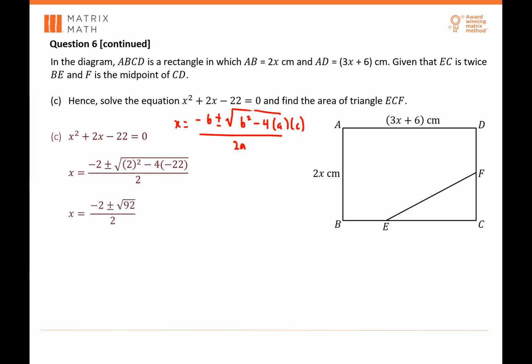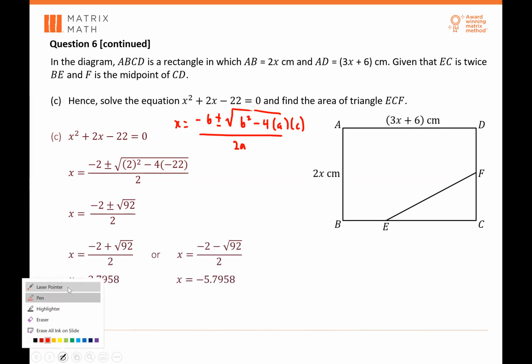Okay, so x equals -2 plus minus square root 92 over 2. And I get two values of x, either 3.7958 or -5.7958. So you will reject the second one because it is a negative number. Okay, your measurements cannot be negative.